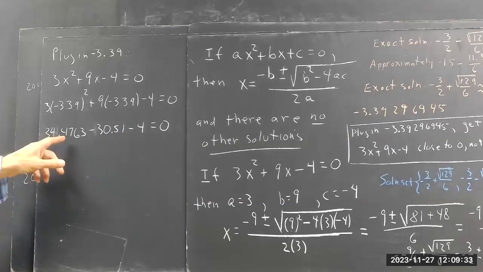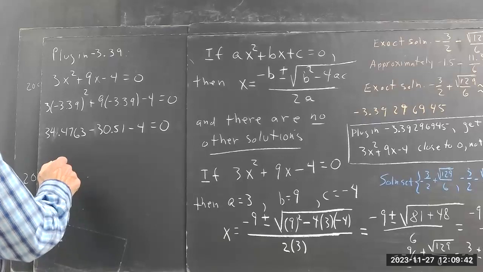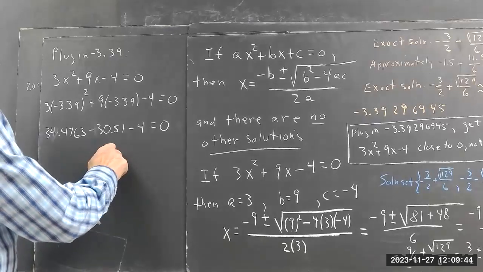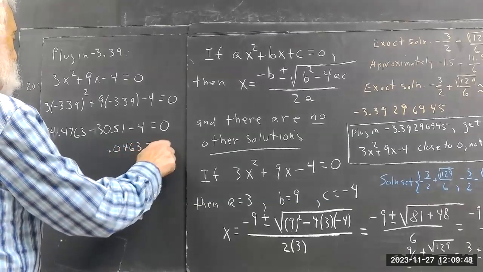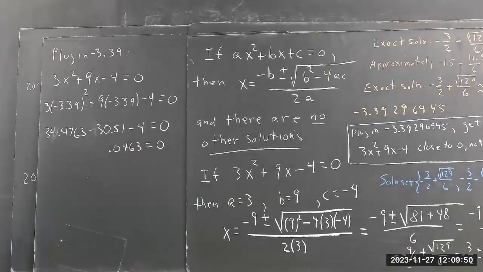And this is 34.47, 0.4763. So what we get here is going to be 0.0463 equals 0. Is that right?